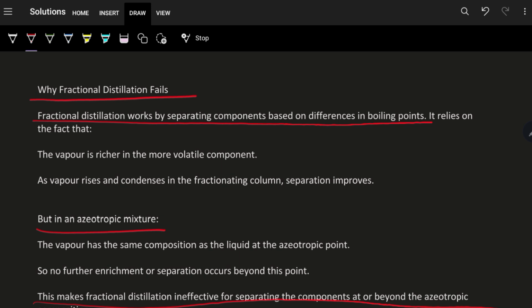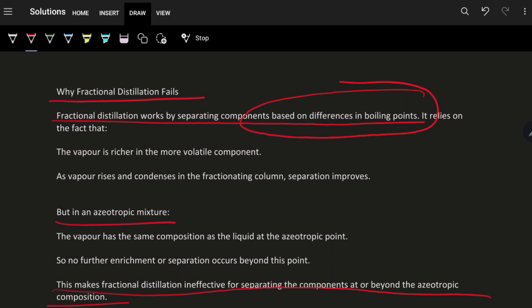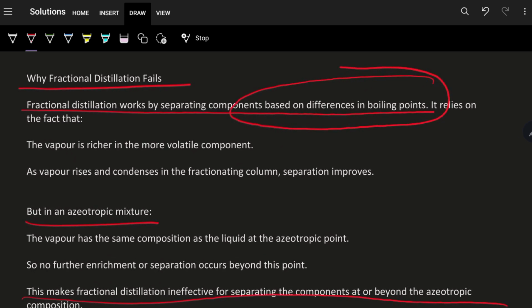What happens in fractional distillation? Separation of components occurs by fractional distillation when they have differences in boiling point. Now A and B, which form an azeotropic mixture, before formation of the azeotropic mixture have different boiling points, but at a particular composition when they form an azeotropic mixture they boil at the same temperature.